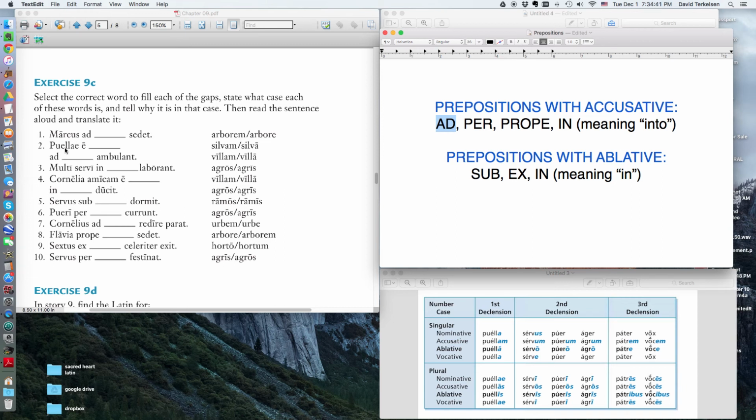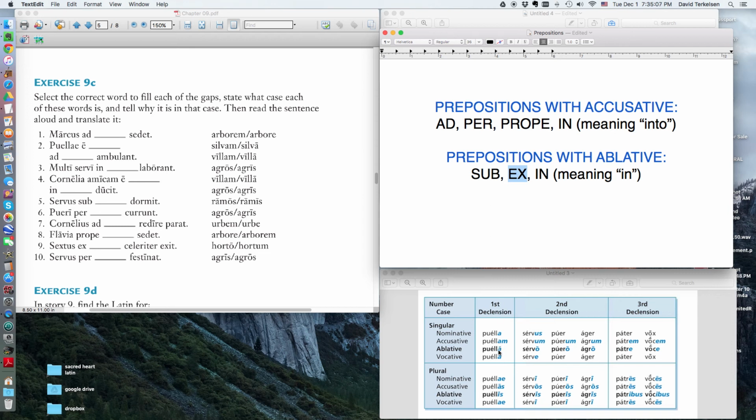And then the girls are walking, right? The girls walk, and they're walking out of something, and they're walking towards something. So a, which is actually short for ex, takes the ablative case. So a is going to be followed by silva, which is a first declension noun.